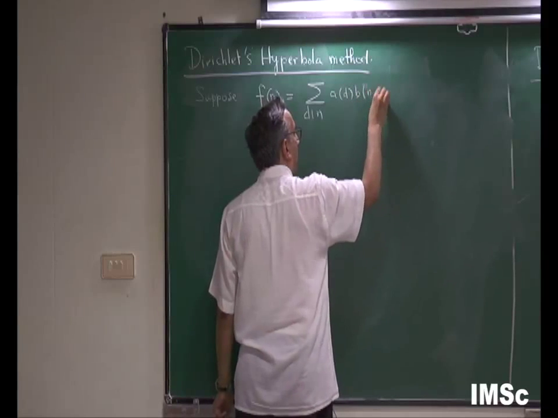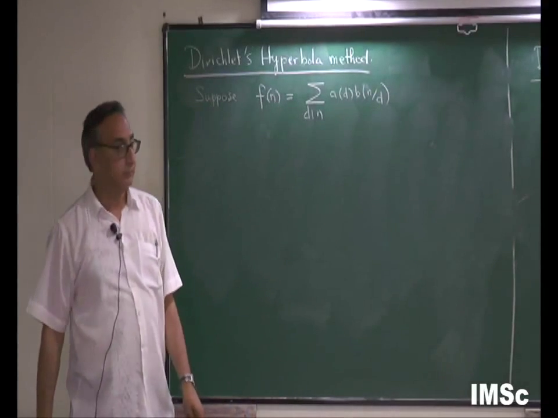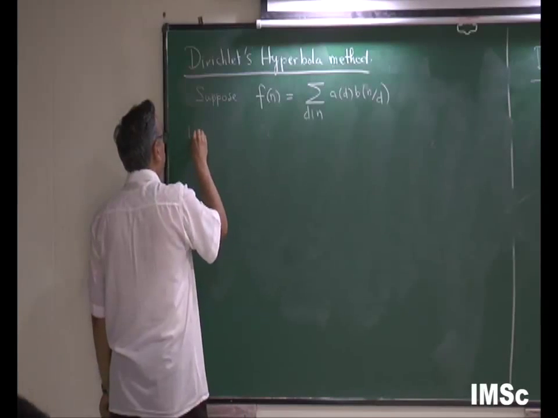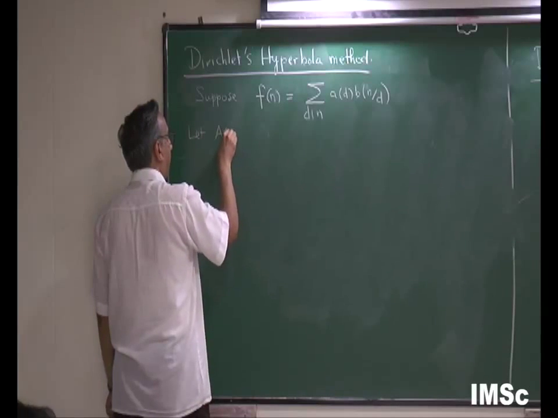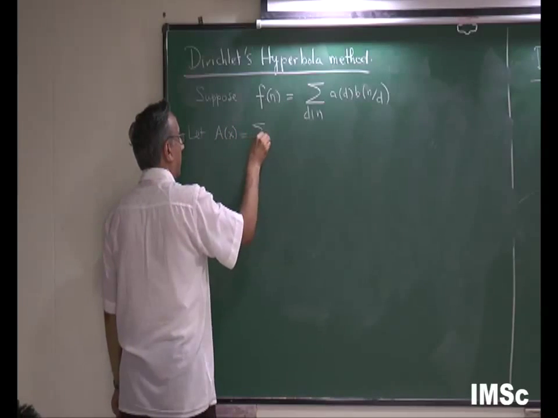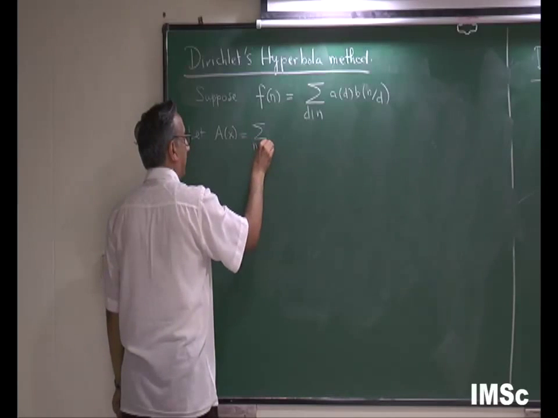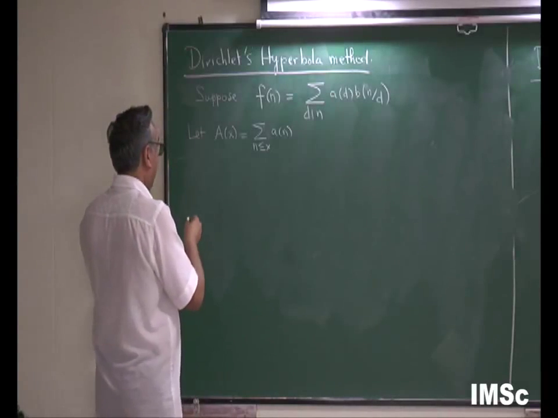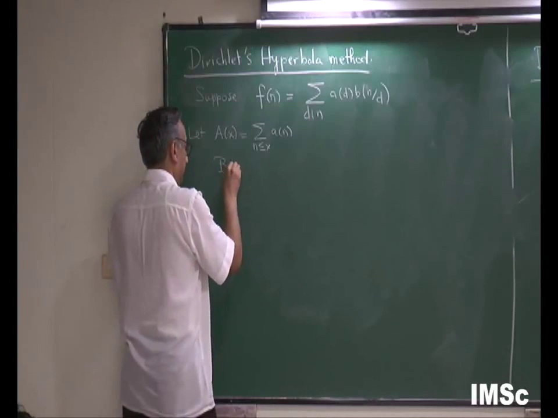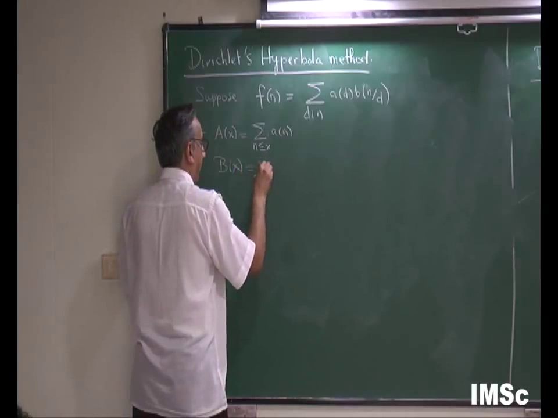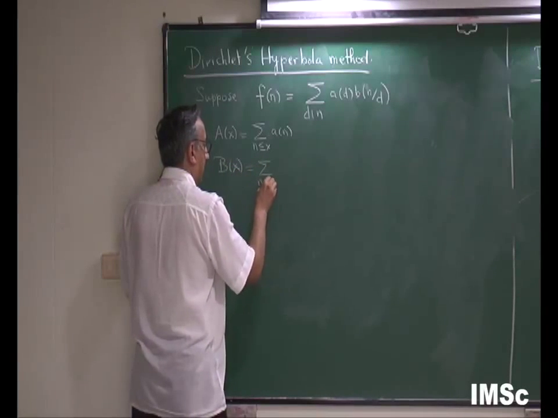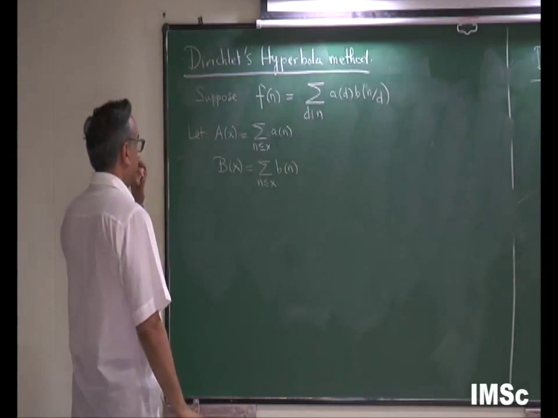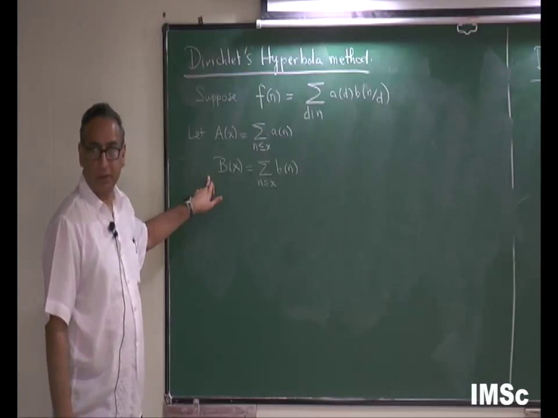So supposing I can write my arithmetical function in this fashion, and let a of x be the partial sums of the a of n's, let b of x be the partial sums of the b's, okay, let's define these two partial sums.